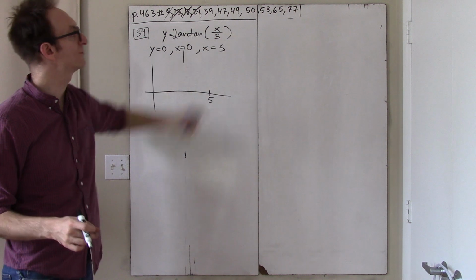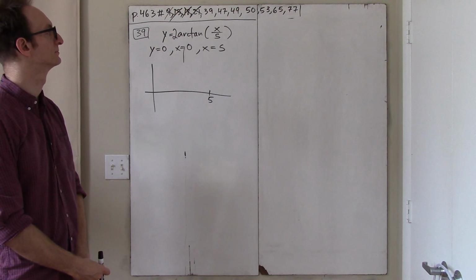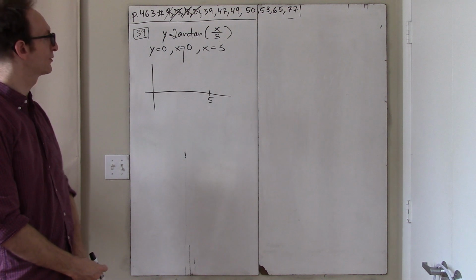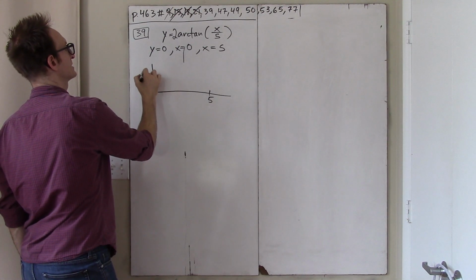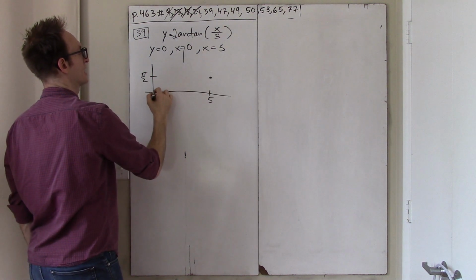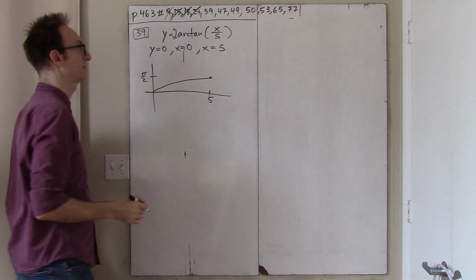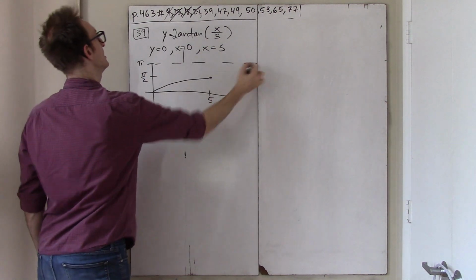Anyway, you can just plug in 5 there, and you get arctan of 1, which is pi over 4, so this goes to pi over 2. So that's pi over 2, and we're sort of halfway up the arctan. The asymptote will be pi, but that doesn't really matter.